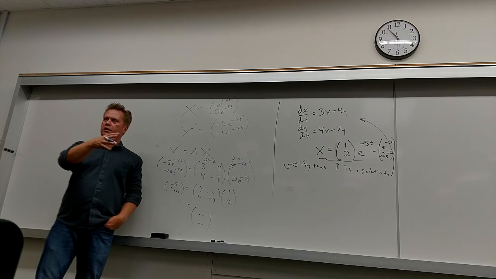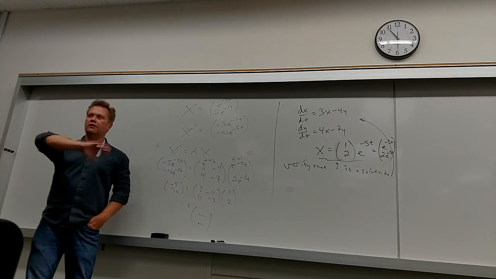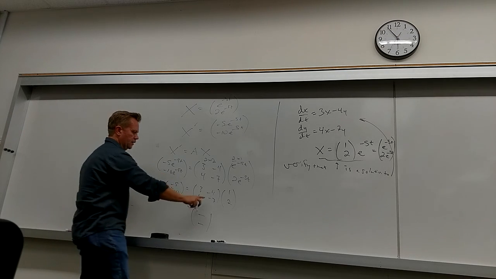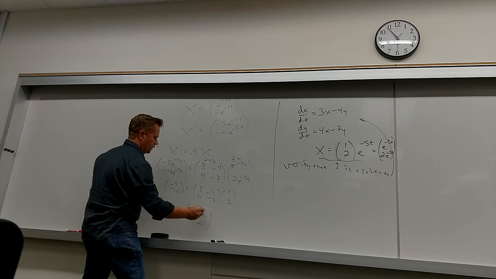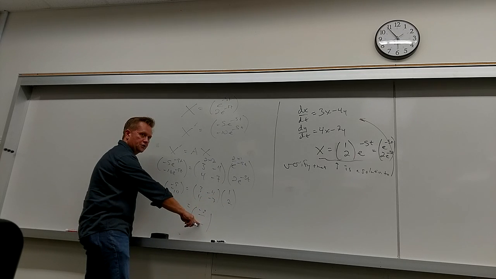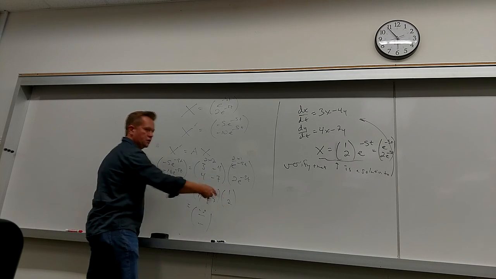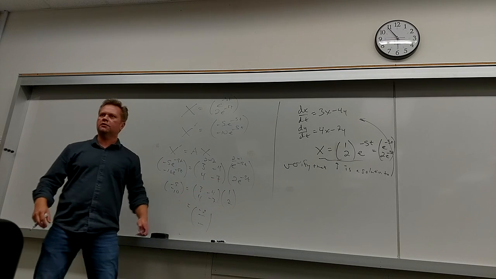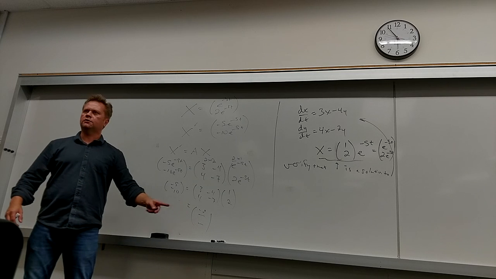That's how matrix multiplication works. And you just repeat that for however many rows and columns you got. So that would be 3 minus 8, negative 5. To get the second row, first column, I would take the second row, first column. Of course, it's kind of silly for me to keep saying first column because there's only one column there. That's why there's only one column in the answer.